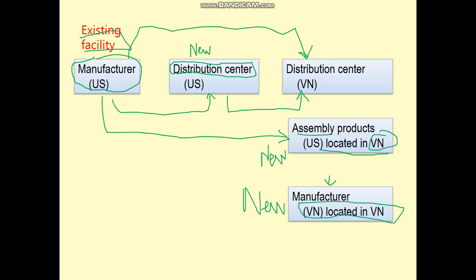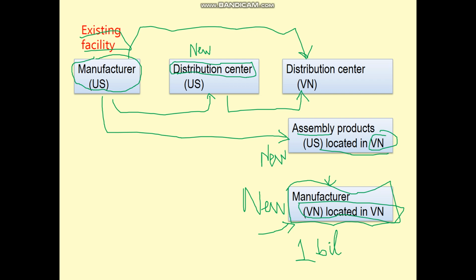Okay, so when we open a new facility, for example, in this case, they open a new factory in Vietnam. So how many products they have to sell, or how many products they have to produce, so that they can cover the cost, for example, to locate a new facility in Vietnam, they have to pay like 1 billion USD, for example.